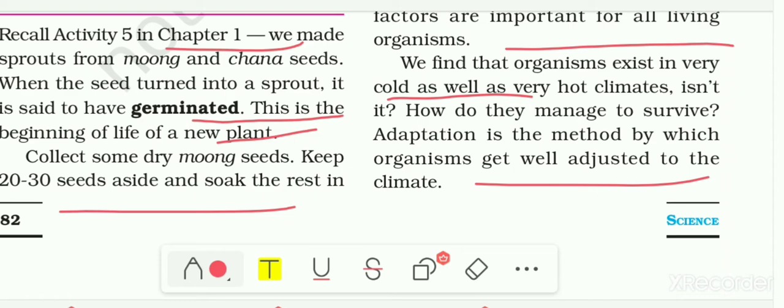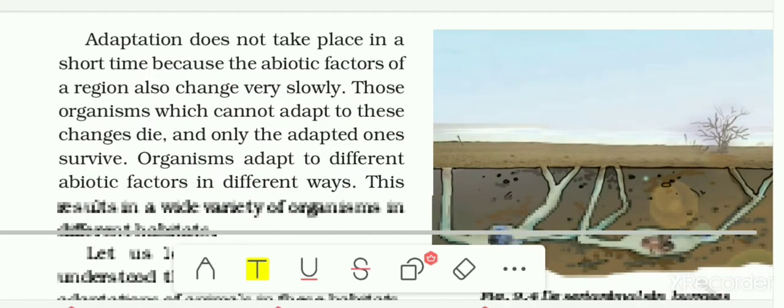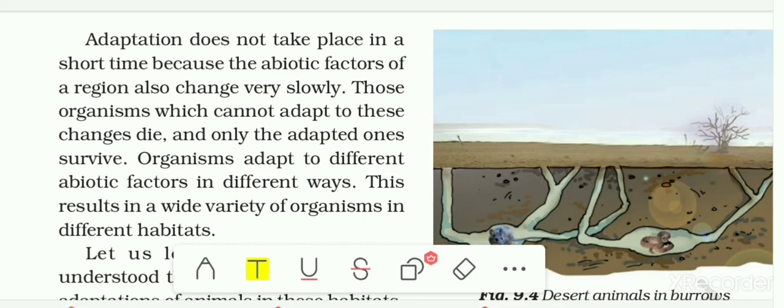So here one method is given to you to survive in such a climate or surrounding, that is adaptation. This adaptation is the method by which these organisms get well adjusted to such climates, very hot or very cold. So now let us see the adaptations in different habitats.